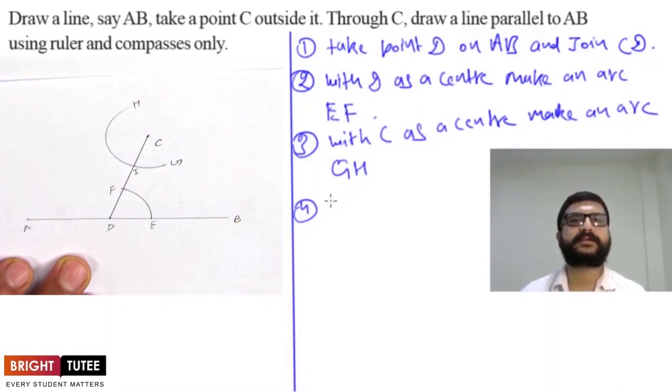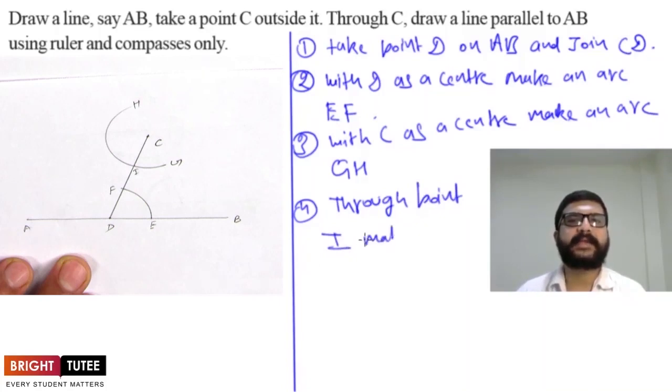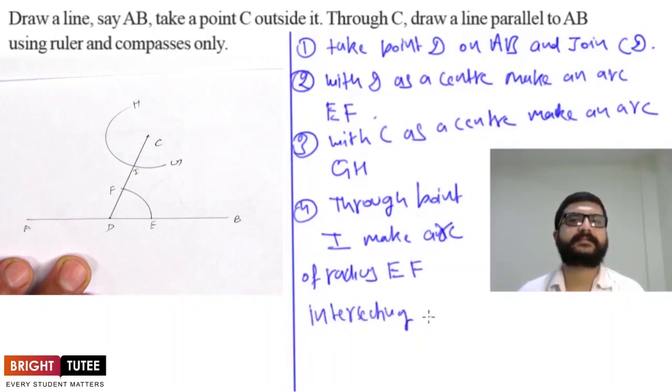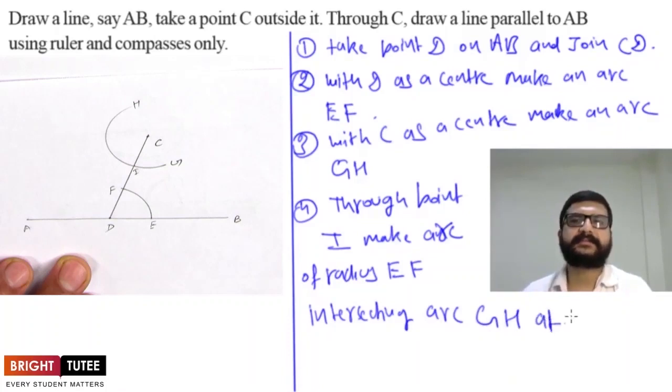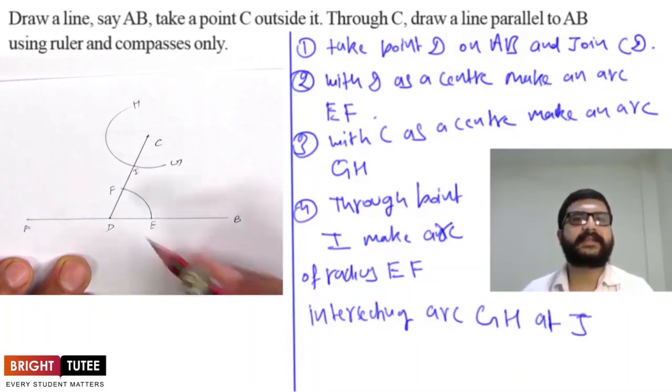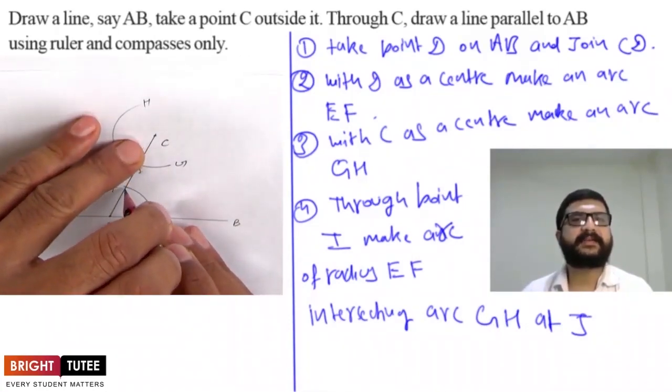So here what we are doing, with point I as a center, make an arc of radius EF intersecting arc GH at any point, let's say point J. Now let's draw it here with the radius as EF and center as I. We have to make an arc like this.